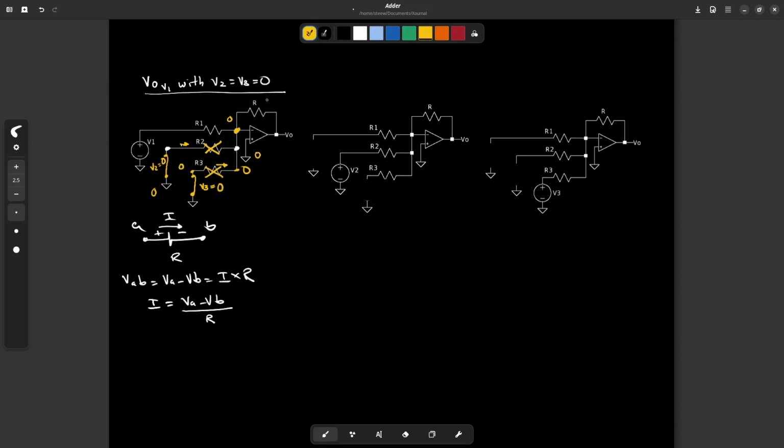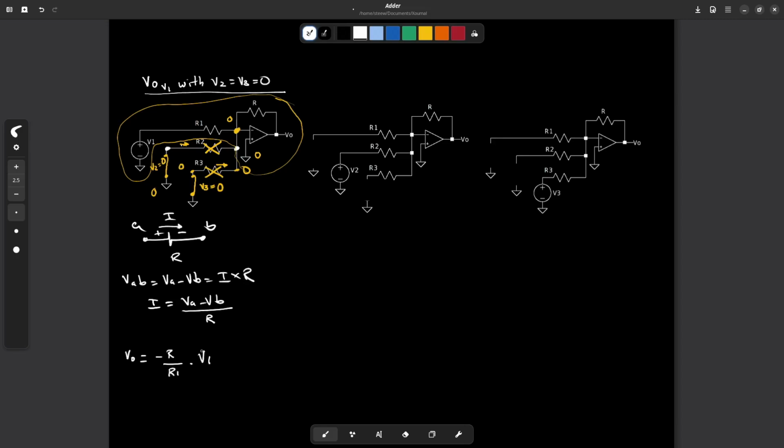So we can take this resistor out of the circuit. So if we see carefully, look that the remaining circuit, this circuit here, is an inverting topology, from which we know that the output voltage will be minus R divided by R1 times V1.